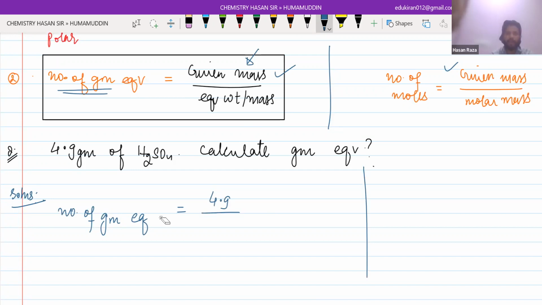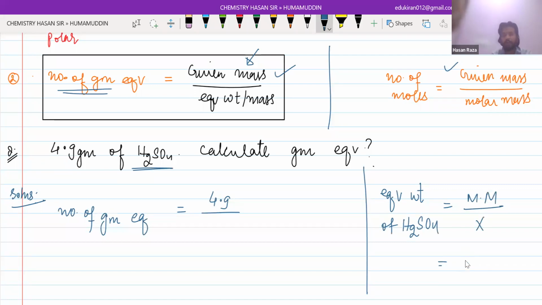So I'm going to calculate the equivalent mass, the equivalent weight of H2SO4. The equivalent weight or equivalent mass of H2SO4 has a formula: molar mass upon X.